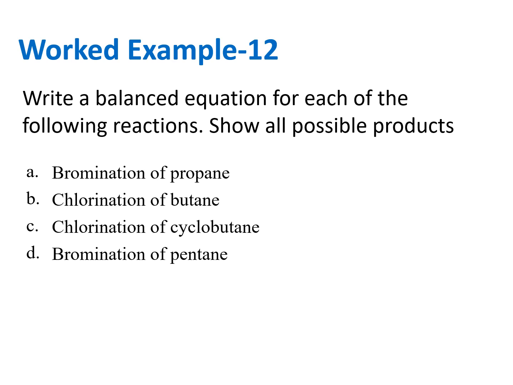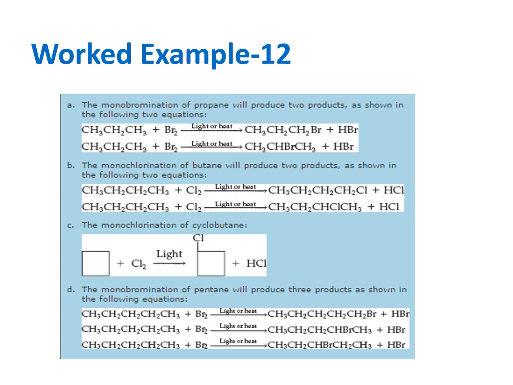Some more examples are the worked examples for the halogenation reactions. A few reactions have been given, and you have to write down the proper balanced equations for these. The examples have been solved in this slide. First was the monobromination of propane, which is the 3-carbon alkane. Here is the propane and here is the bromine, Br2.